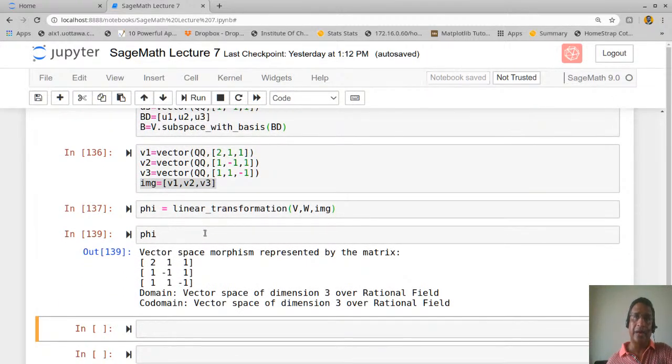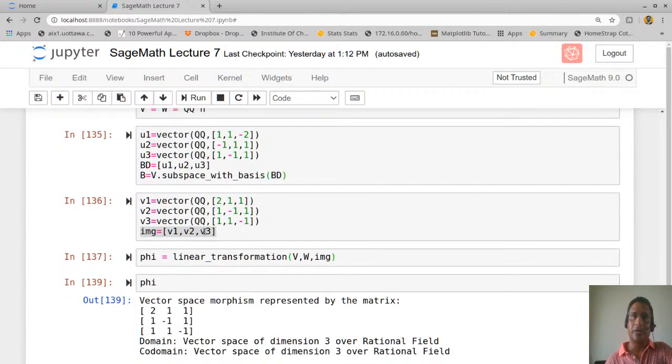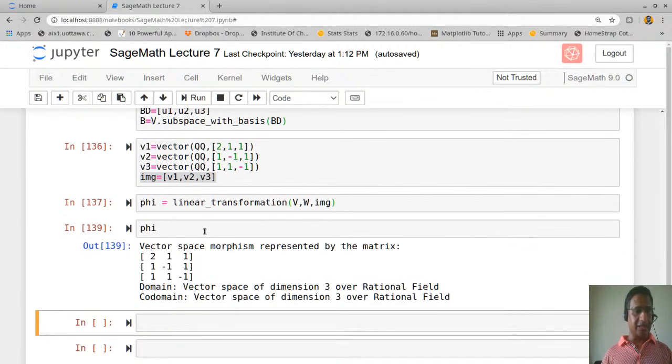But if you want to find T of e1 manually, since T is defined on u1, u2, u3, you have to find the coordinate of e1 with respect to u1, u2, u3, similarly for e2 and e3, and so on, right? So let us do that.